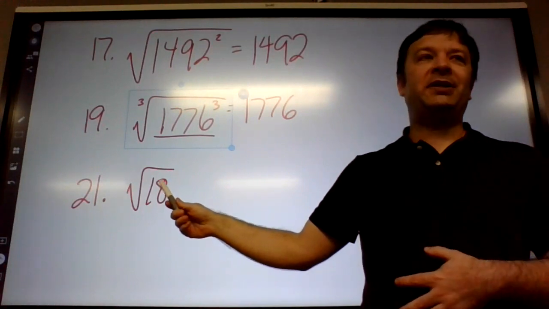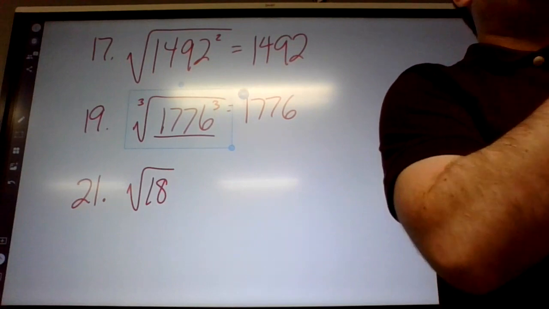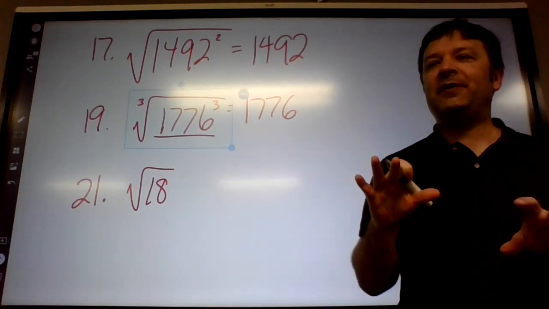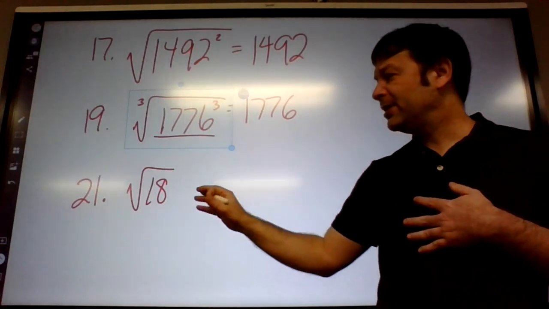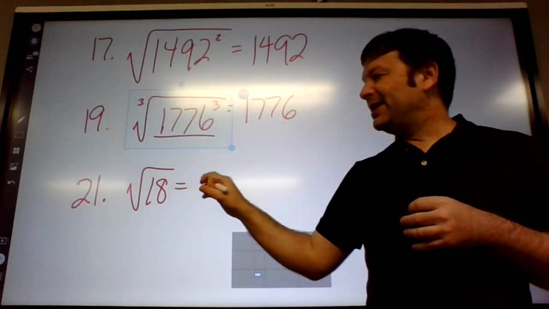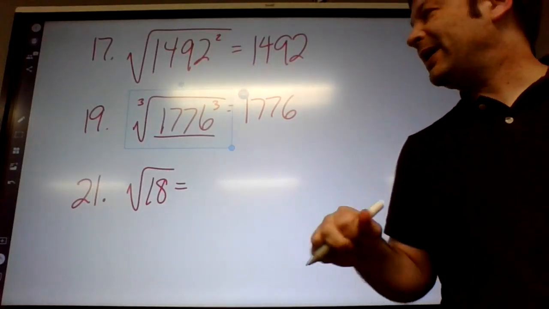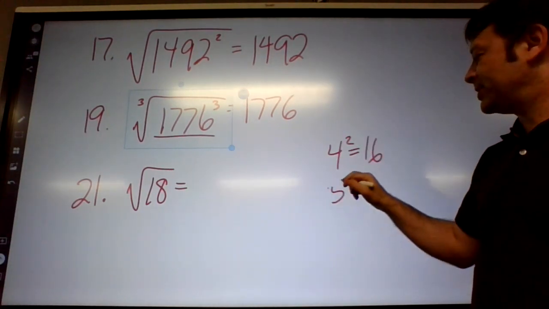Okay, square root of 18, there is no nice answer for this. If you plugged it in your calculator, it'd give you an infinite decimal. Well, actually, if you have a nice calculator, it'll do something like 3 square root of 2, which is not what we're doing right now. It does not come out nice, because 4 times 4 is 16, and 5 times 5 is 25.